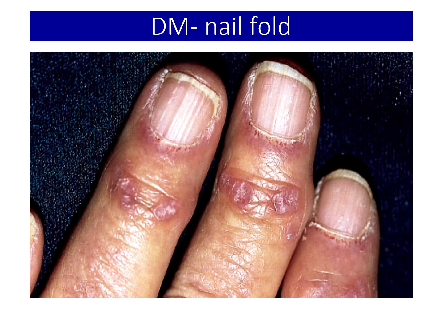And if you look at the nail folds, so the skin just before the nail plate, in dermatomyositis, you will see dilated capillaries. So you see those tiny red lines on the nail folds.